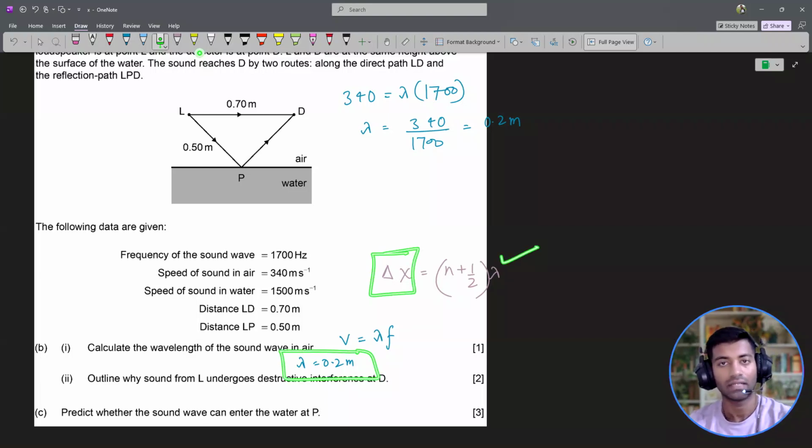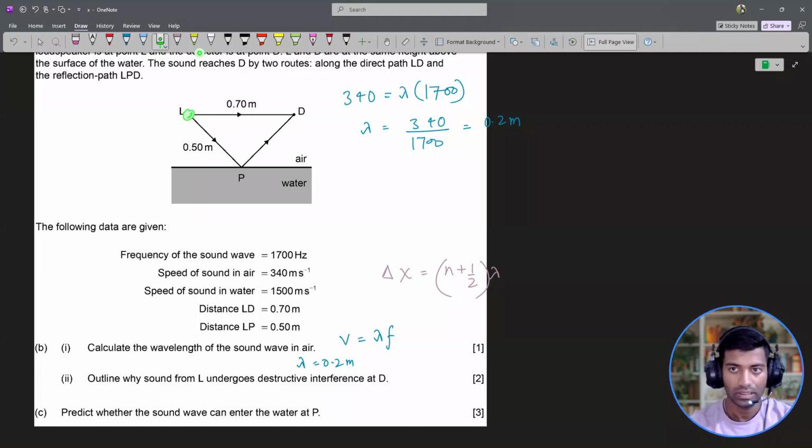So for calculating the path difference, I see that from L, the source, sound reaches D via two routes. There's one that directly goes from L to D, that distance is 0.7, and the other route is LPD. The triangle LPD itself is an isosceles triangle, so the other two sides are 0.5 and 0.5.